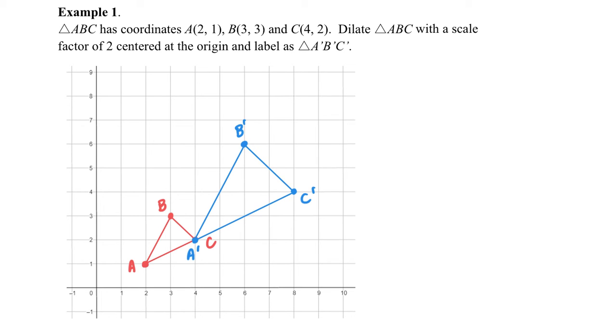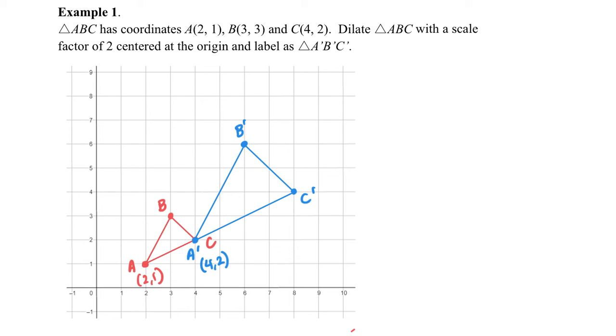And so what did we really do? We really started by taking the coordinates (2, 1). And since I have a scale factor of 2, I've got an image of (4, 2).